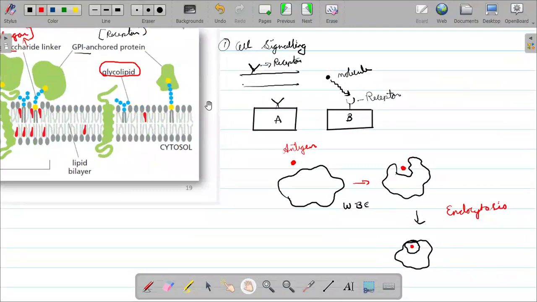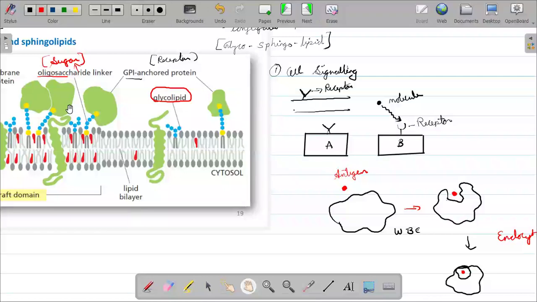So you're saying that the GPI anchored protein and the polysaccharide linker are all acting like a receptor? No, only the GPI anchored protein will act like a receptor. But proteins can be bound into your lipid layer by an oligosaccharide linker.